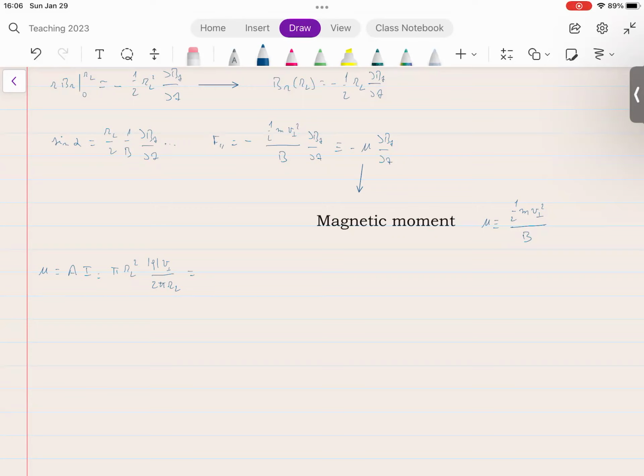And this gives me Q times Larmor radius times V perp over 2. And if you remember, what was the definition of the Larmor radius?